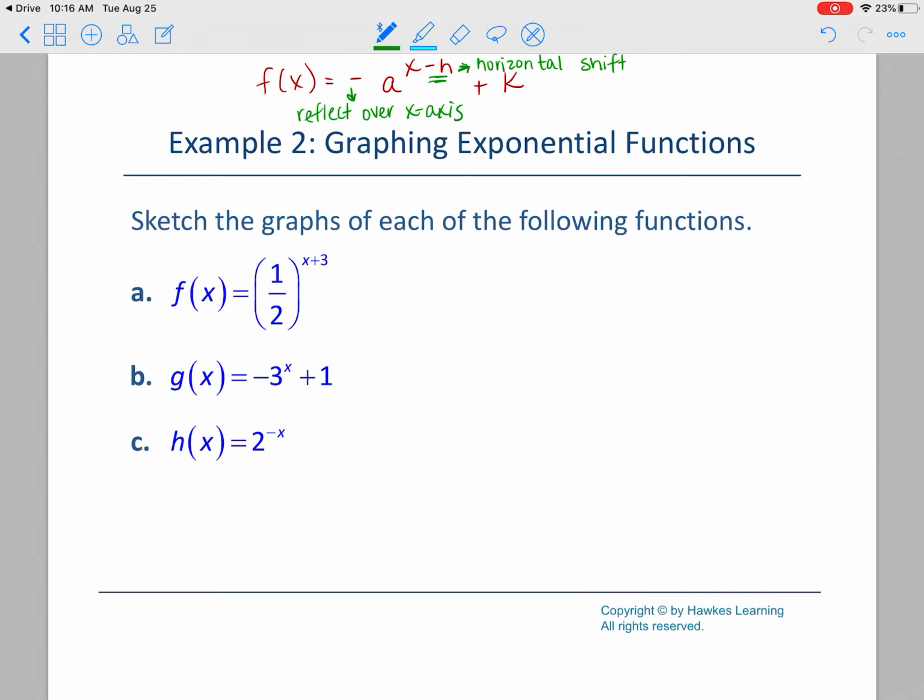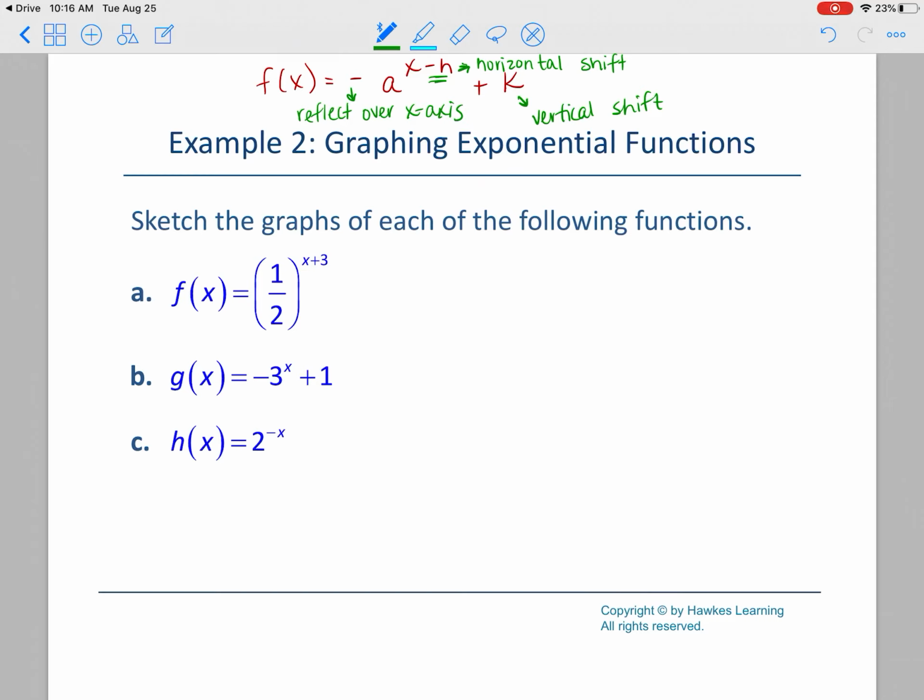If it's x minus 4, I'm actually shifting to the right 4. And then the k at the end is my vertical shift. If I'm adding 2 on the end, then I'm moving my whole graph up 2. If I'm subtracting 5, then I'm moving my graph down 5.